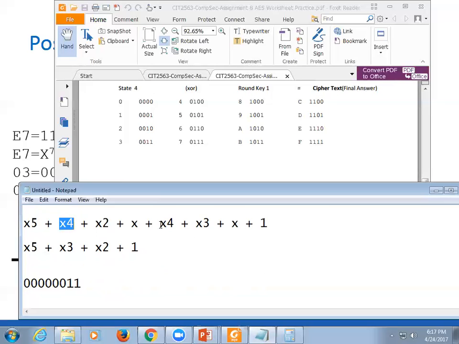See how I have 2 x to the 4s? Delete both. And then we have 2 x's, so get rid of the 2 x's. So we end up with an x to the 5th, an x squared, an x to the 3rd, and a 1. We just put them in order here, that's all.